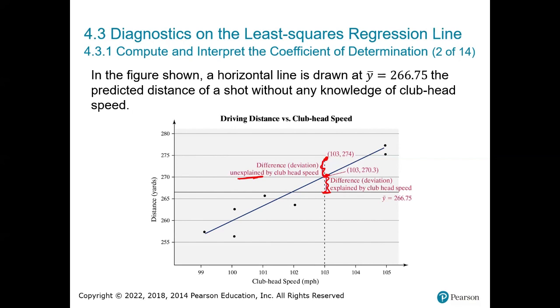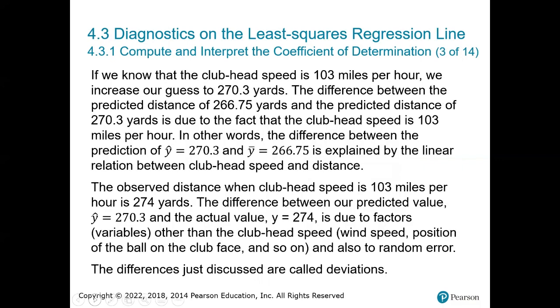That is explained by our equation using the least squares regression line. Okay, but this difference here is unexplained. If we know that the club speed is 103 miles per hour, we increase our guess to 270.3 yards. That's according to our equation.